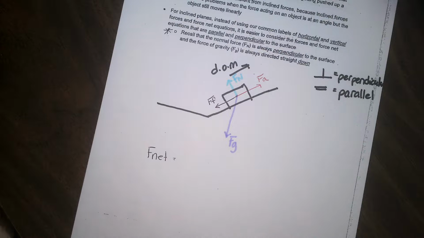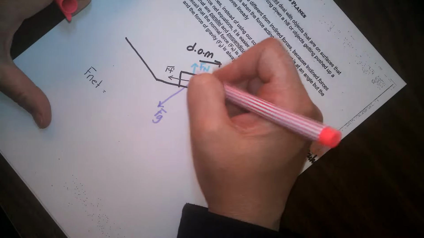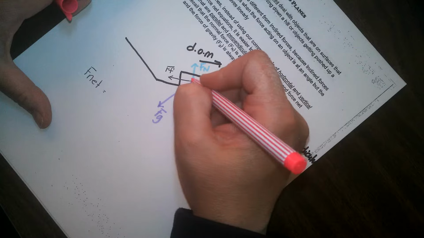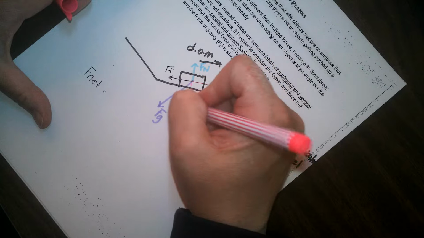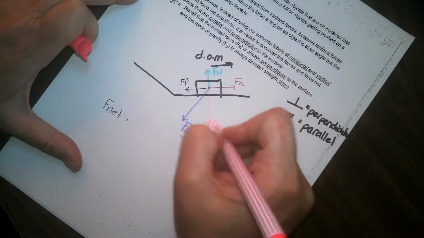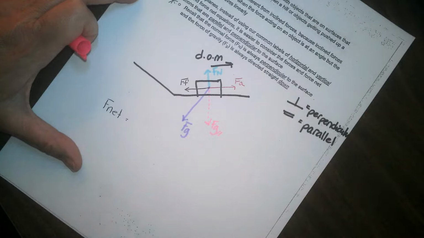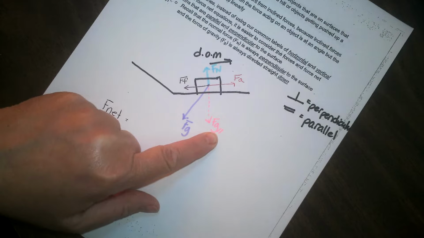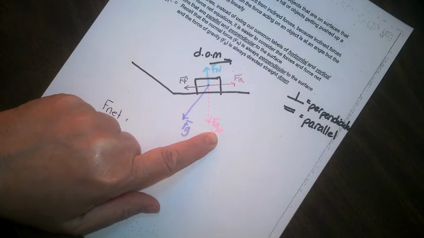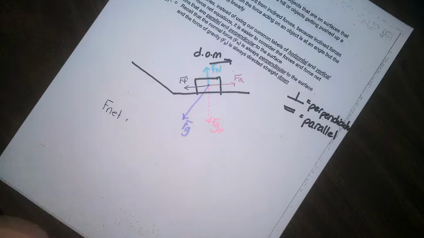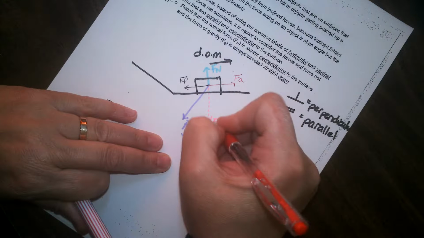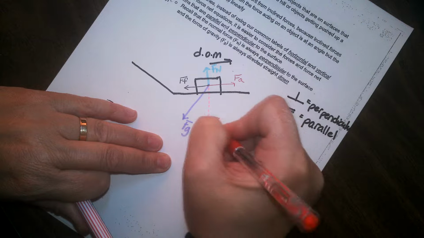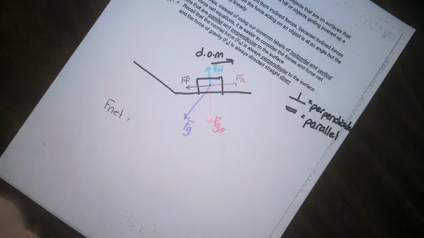So we need to make it like this. We need the 90. Force normal needs an opposing force. So we call it force gravity and we put the parallel symbol behind there. Okay, you probably can't see it very well. Okay, force gravity parallel.